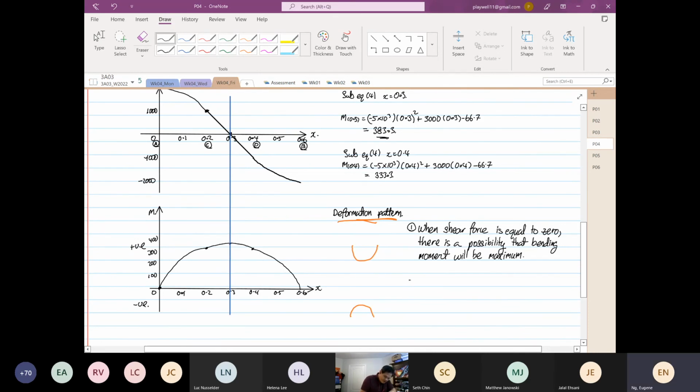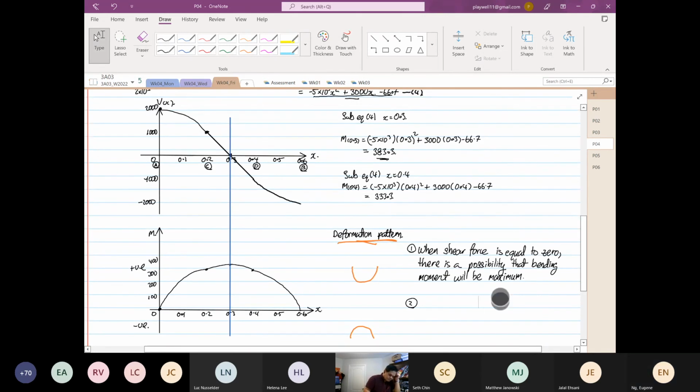Then the second thing that you observe is what? I want you to see this. From 0 to 0.3, the magnitude is positive, right? For the shear force. From 0.3 to 0.6, the magnitude is negative, right?